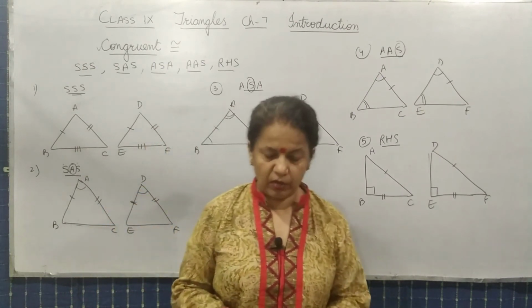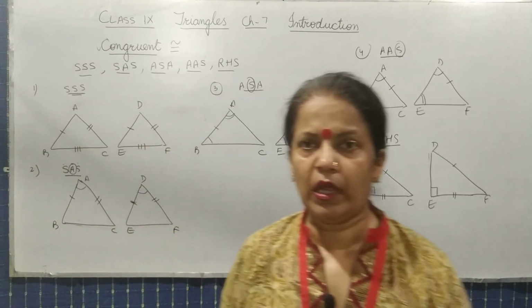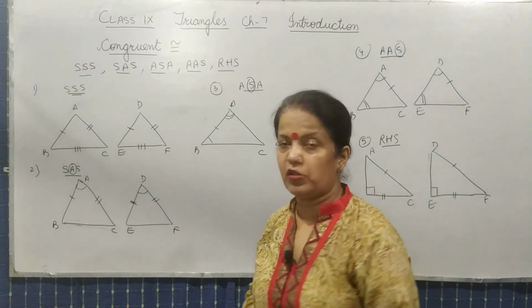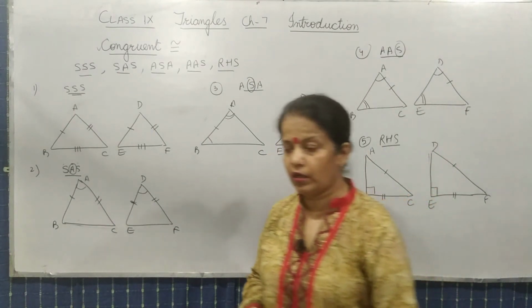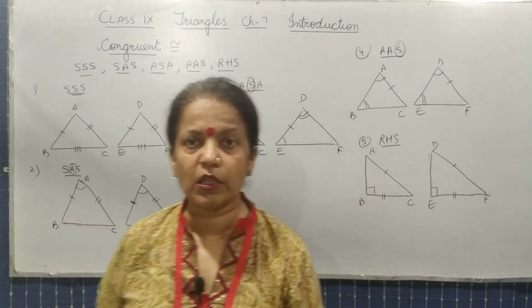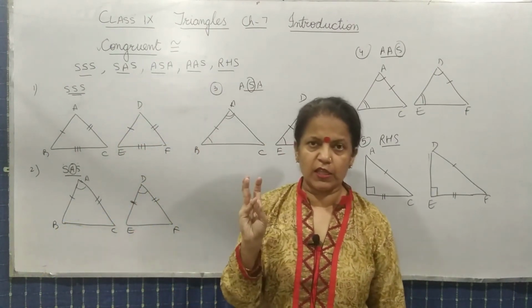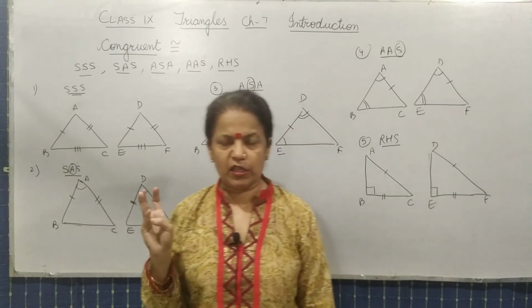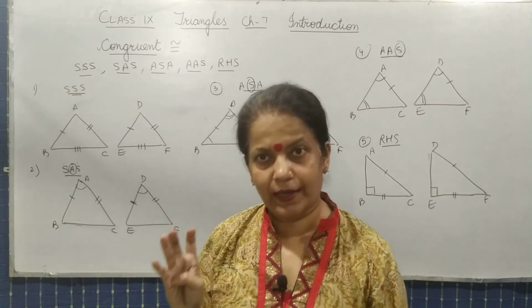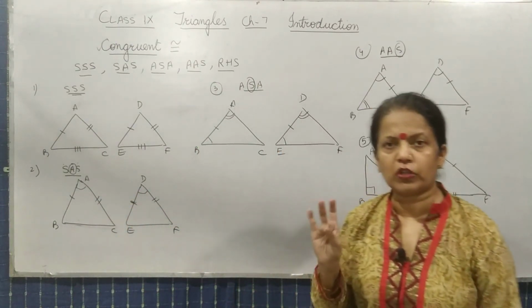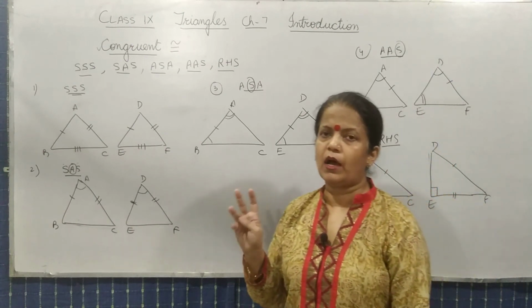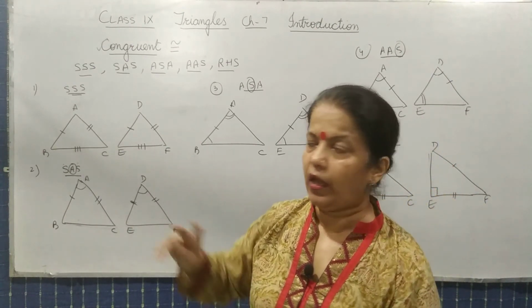So what have we done today? We have taken the concept of congruency here, and how many congruencies? There are 5 congruencies. One is SSS, second SAS, third ASA, fourth AAS, and the last one is RHS.